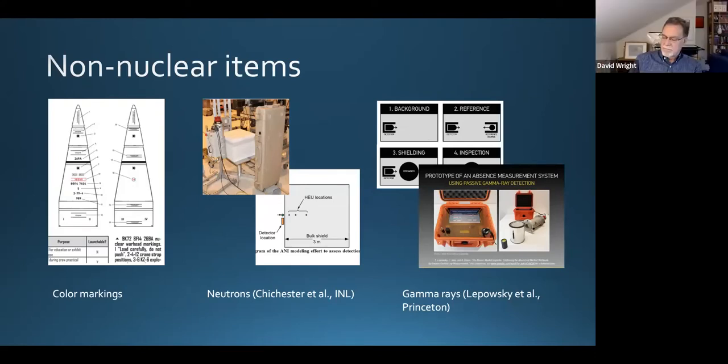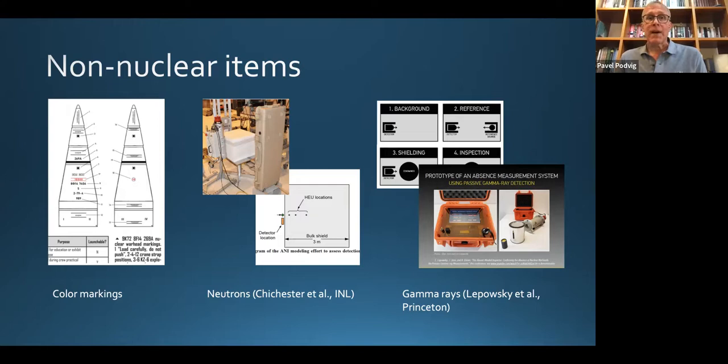And here are some of the ideas. The simplest one is, in fact, the color markings. So if you look at the missile, and this is the Russian, I believe it's a Scud missile warhead, it would be color coded. And if you think about that, no responsible custodian of nuclear weapons would paint a training mockup on a live weapon.